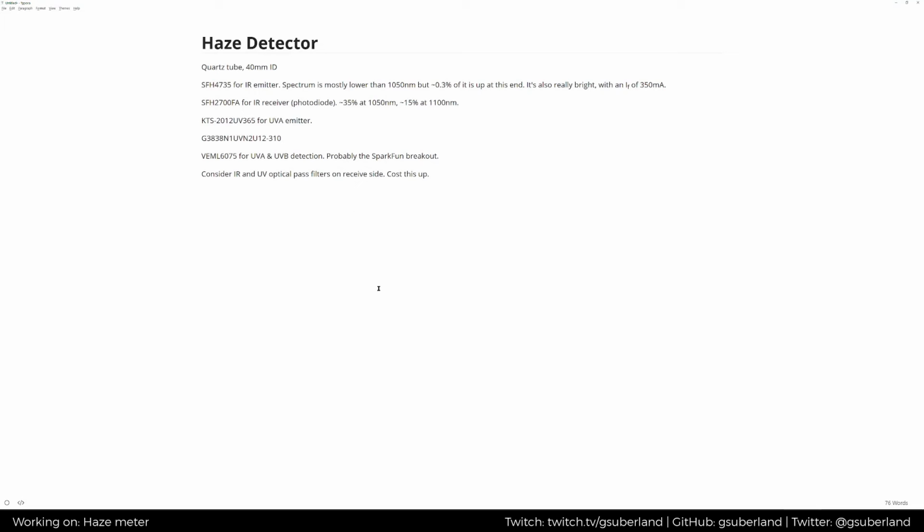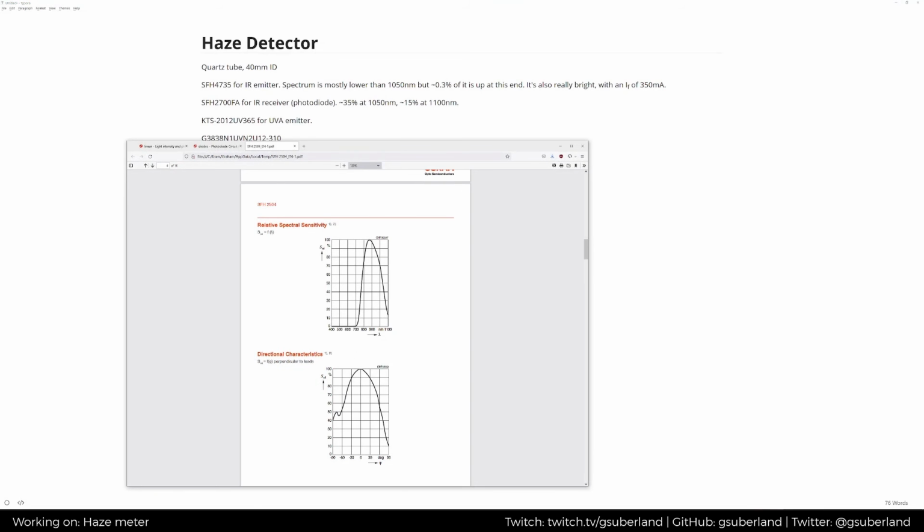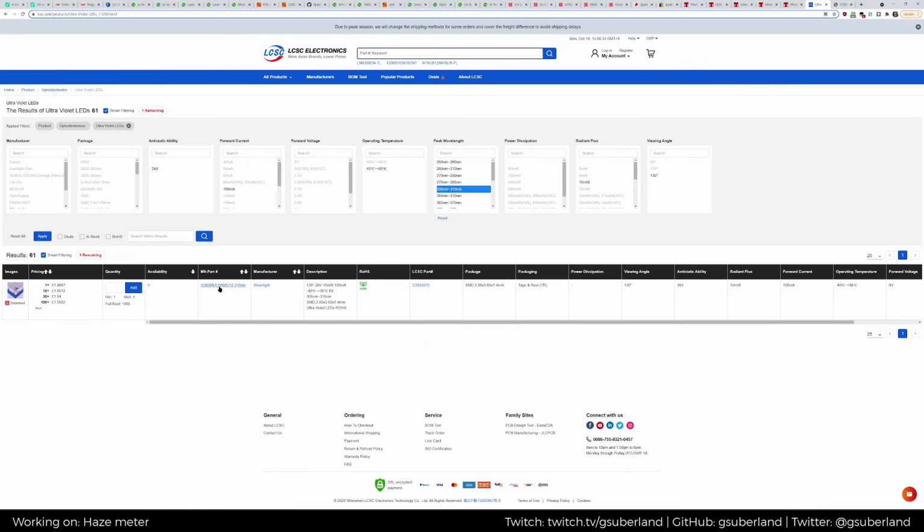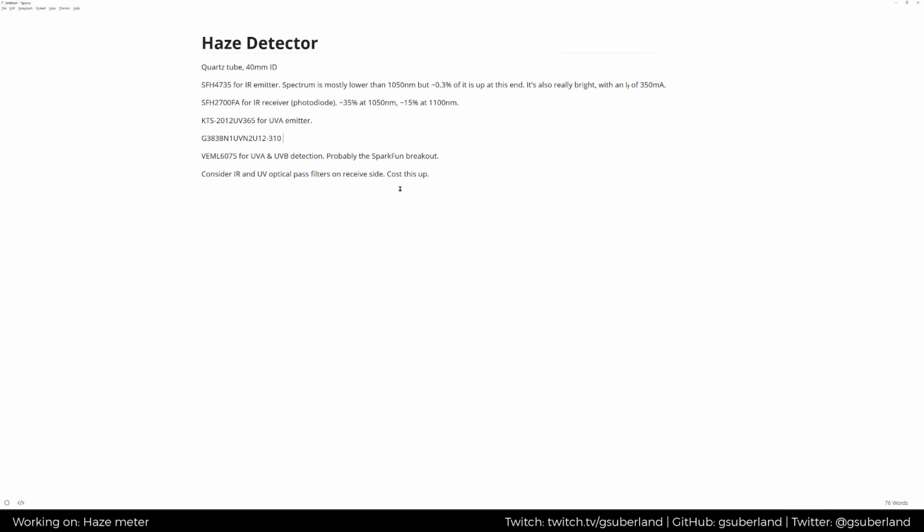Right, this horrific thing. Yeah, that is actually the full product name. I'll put the LCSC part number in there though. Oops. Oh well, yeah, that'll do. For UVB emitter. So I think that's fine.